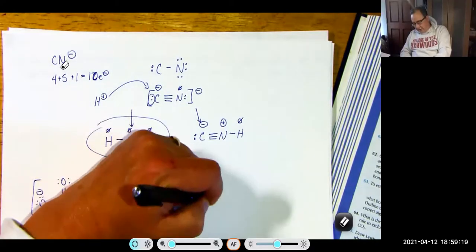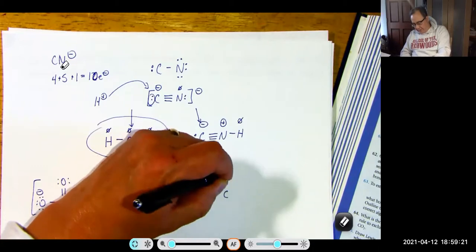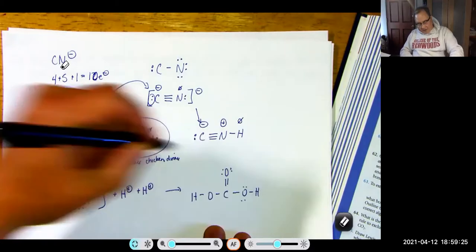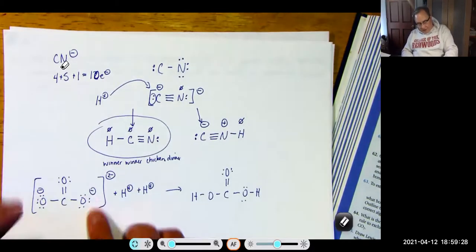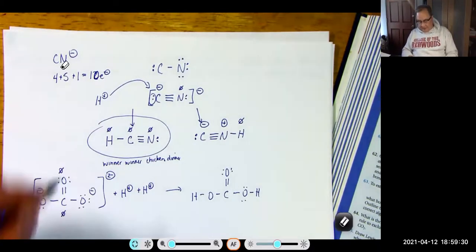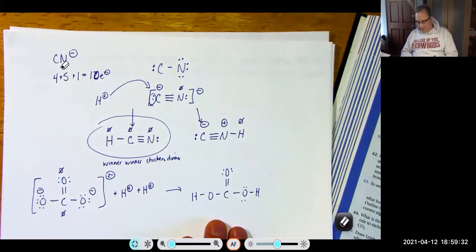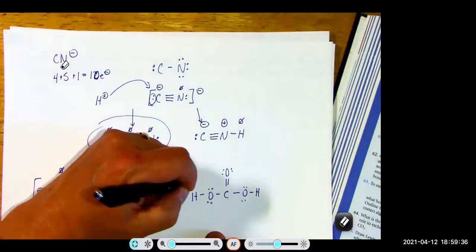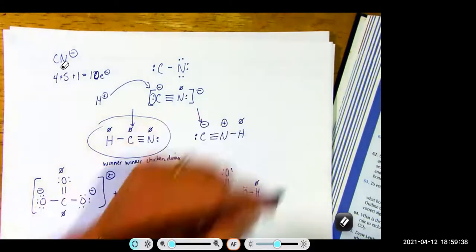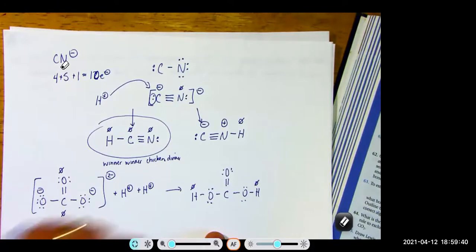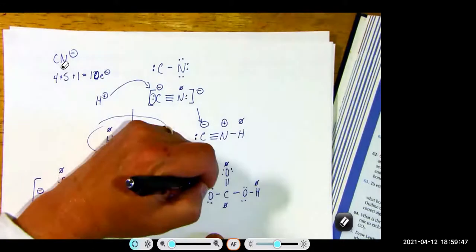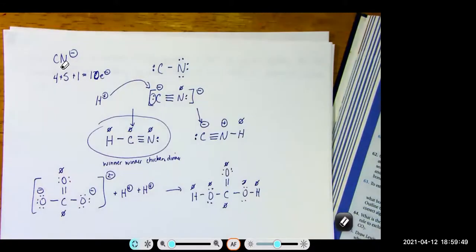Let's look at the formal charges if we do that. Because the formal charges right now are -1, -1, 0, and 0. Now, how are they over here? The hydrogens are 0. The carbon is 0. The oxygen at the top is 0. All of the oxygens are 0. So there you go.